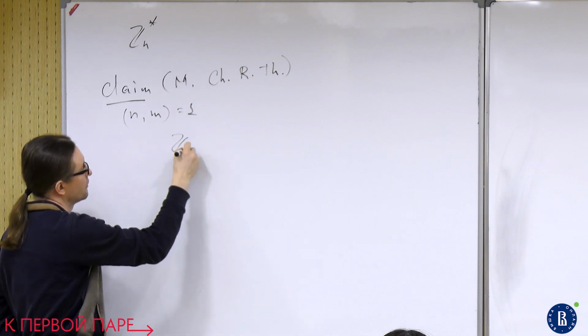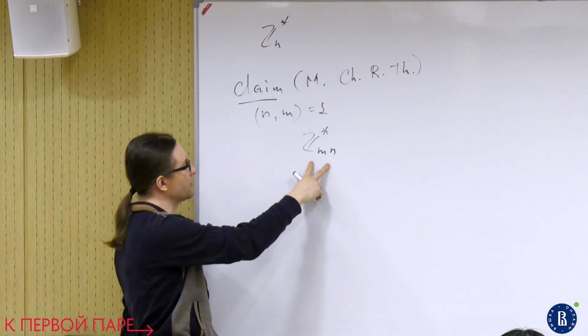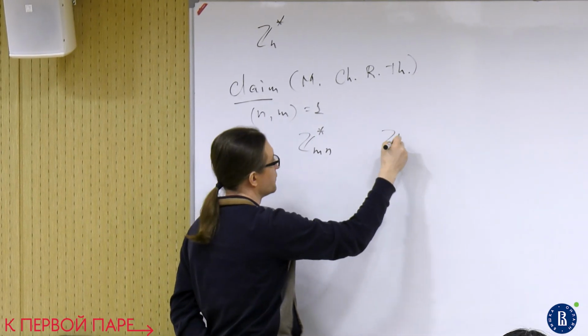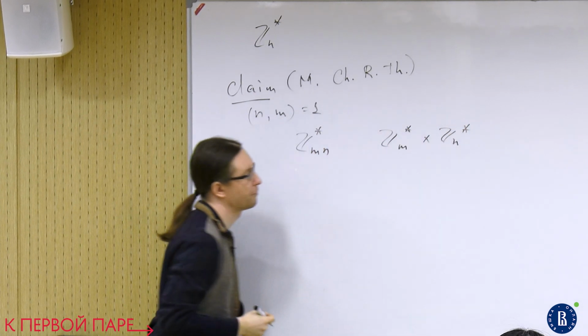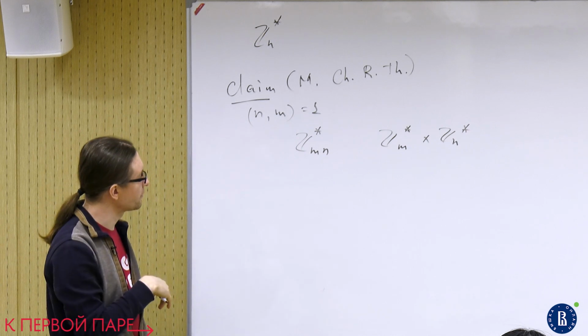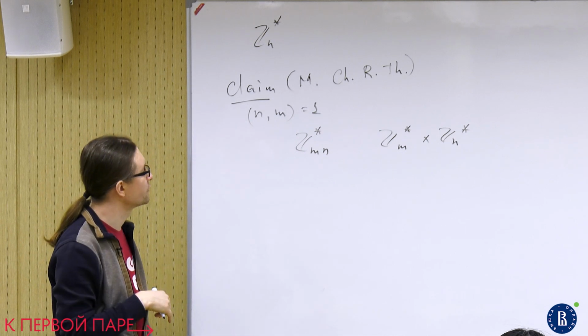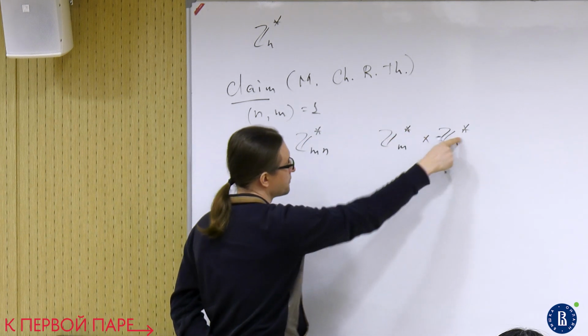Then we have two groups, Z_mn star and Z_m star times Z_n star. It's very similar to the thing we had in the regular Chinese remainder theorem. Now the only difference is that we have star here.